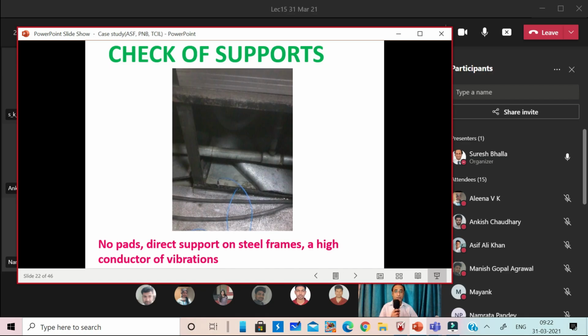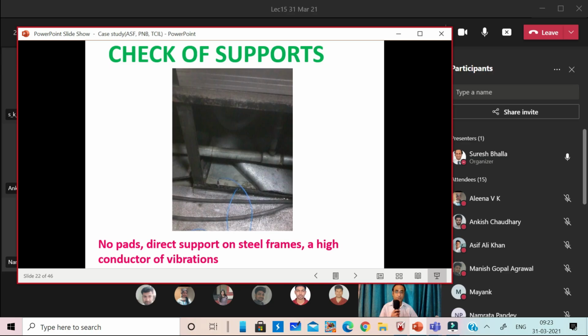It makes noise also, and causes disturbance. Because the suspended floor was supported on steel structures like this, not only the machines but the suspended floor was also supported on these steel frames. Steel frames, slender members, had vibrations.